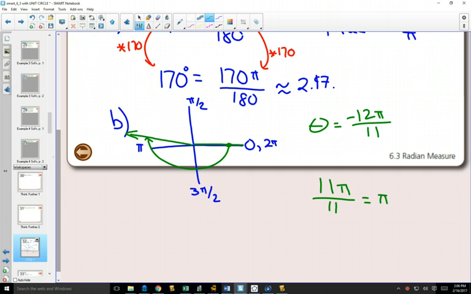So I have to go at least pi and then 1/11 more. So if you imagine half of this circle, because half of it's pi, right? If you imagine that split up into 11 little sections, we have gone 11 of them and then 1/11 more to get 12 pi over 11.